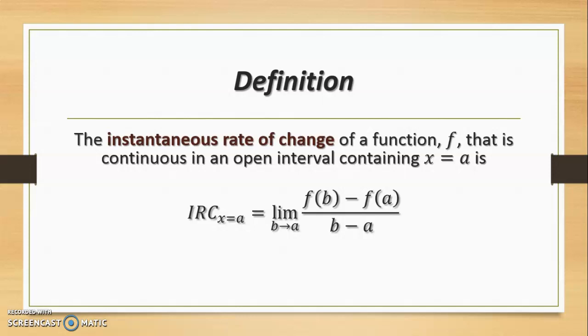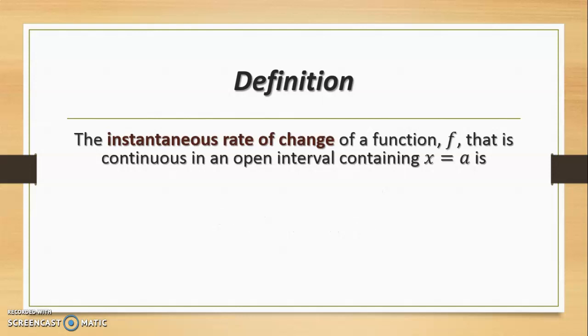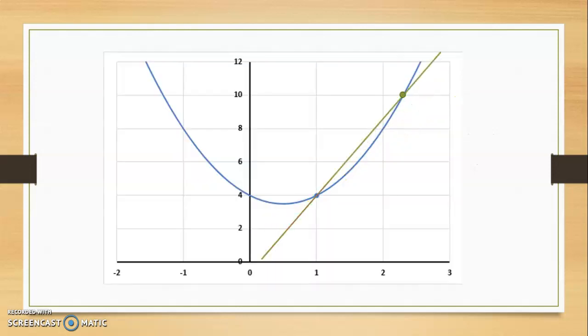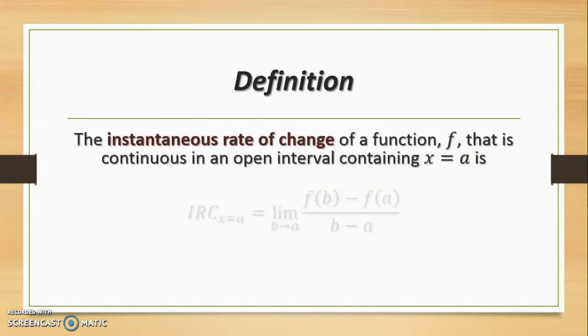So this is exactly the process we were depicting in the previous video, where, the magic of PowerPoint here, point B is highlighted in green, and as we move it towards A, the line is becoming tangent. So the rate of change we're getting becomes an instantaneous rate of change.